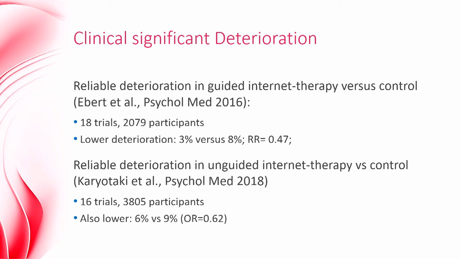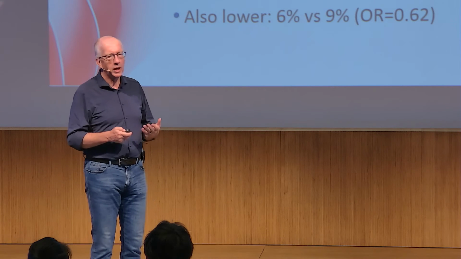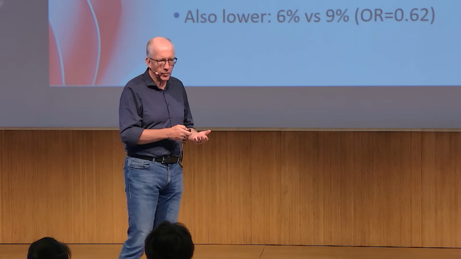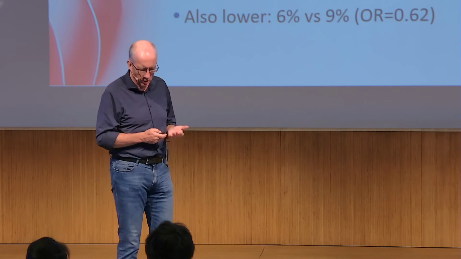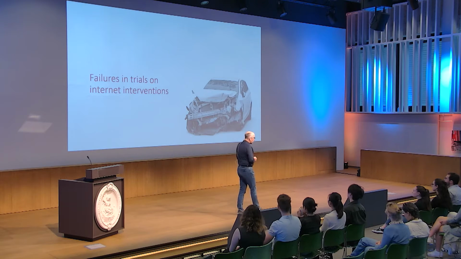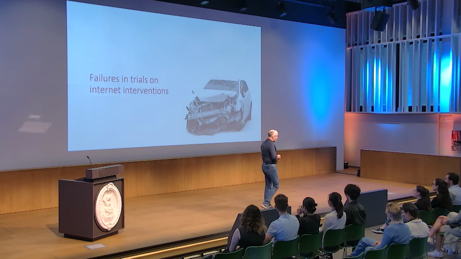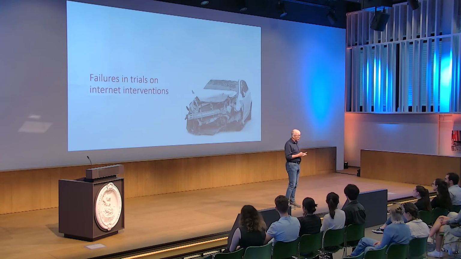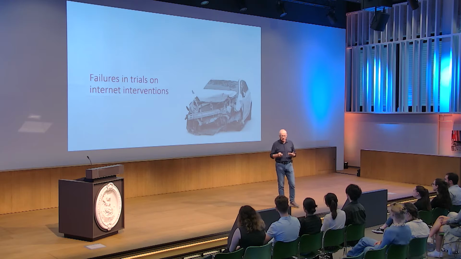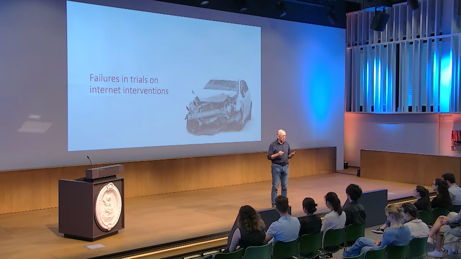And in all these meta-analyses, we found that the number of people who really get worse is smaller in the ones who get the intervention compared to the control group. So that's good news.